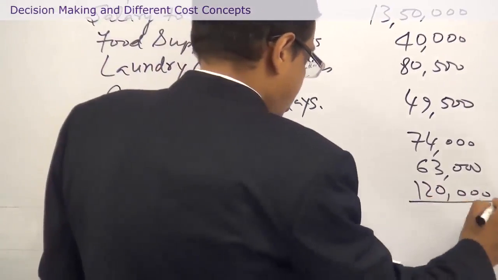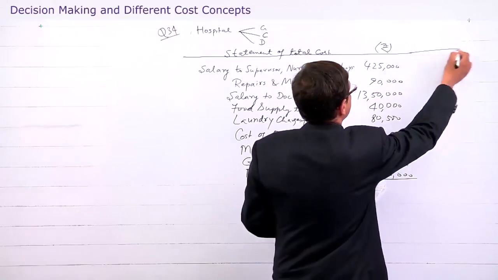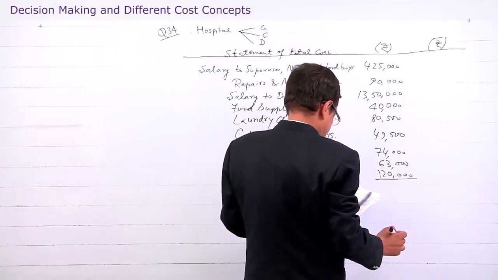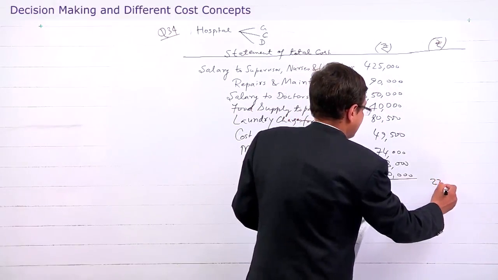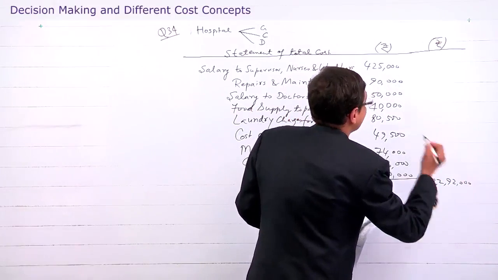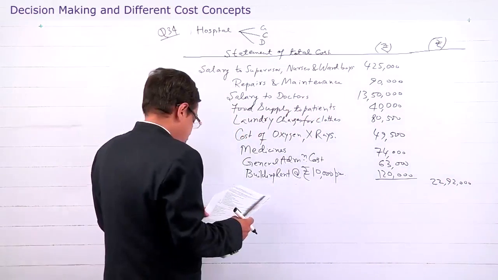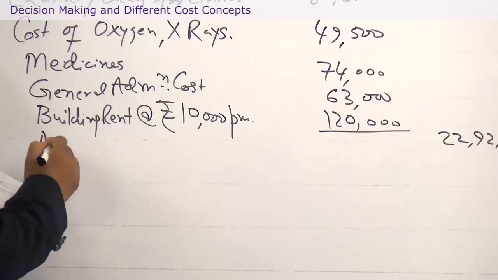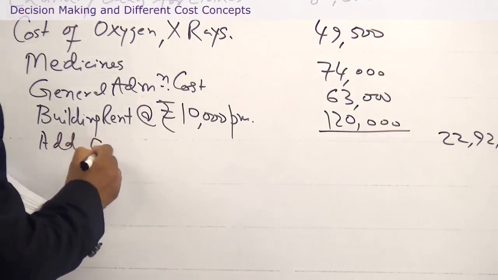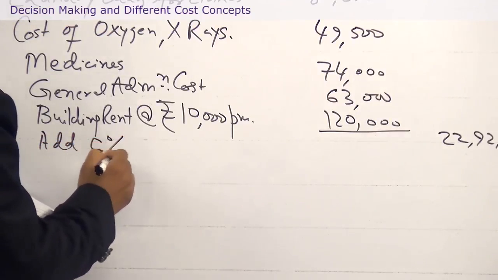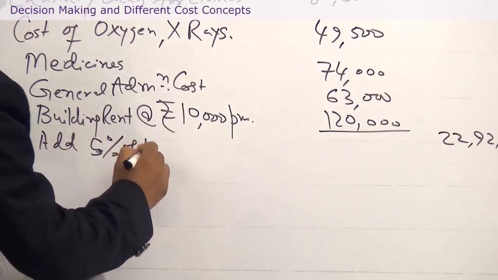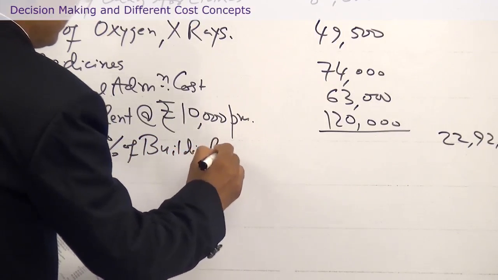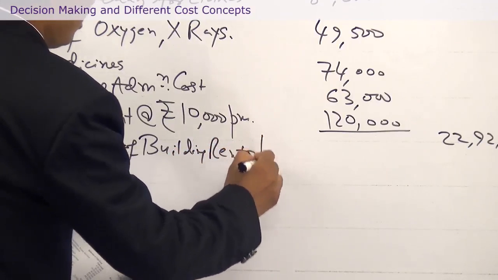So this total works out at 22,92,000. You have to include 5% on taking. So add 5% of building rent on taking.